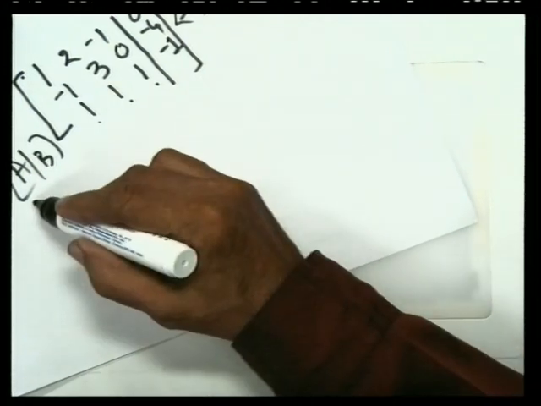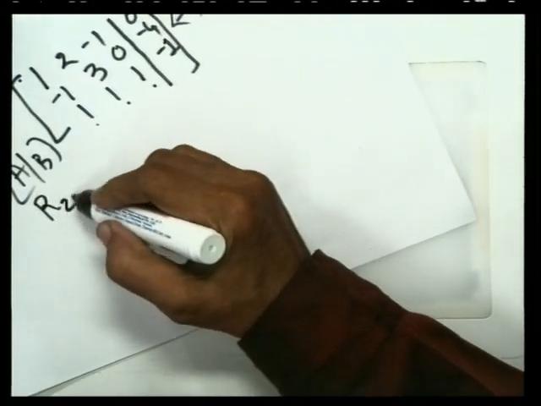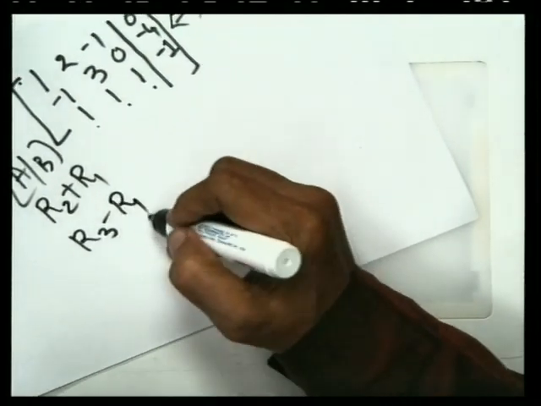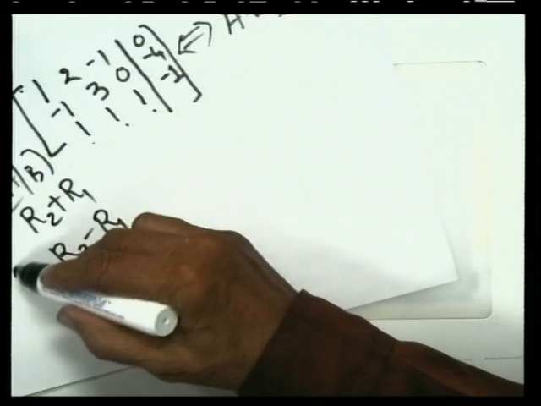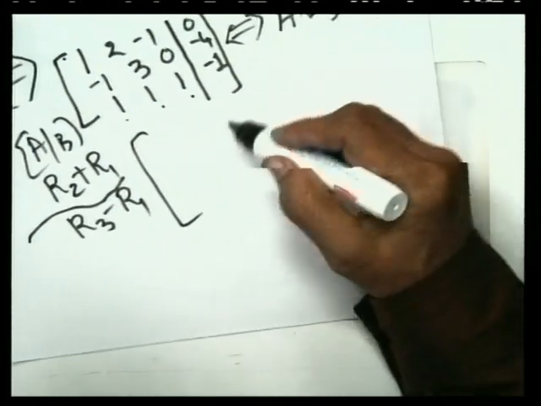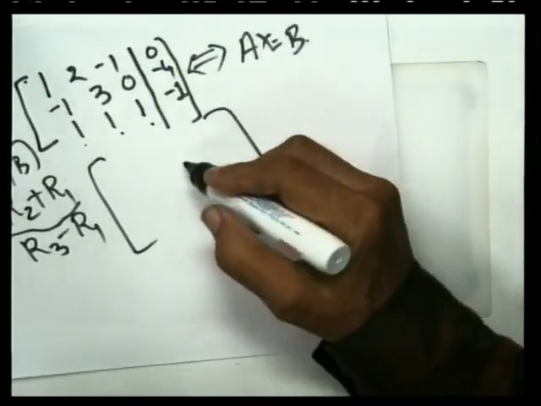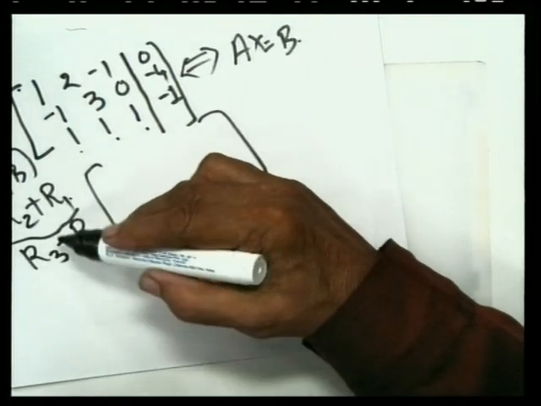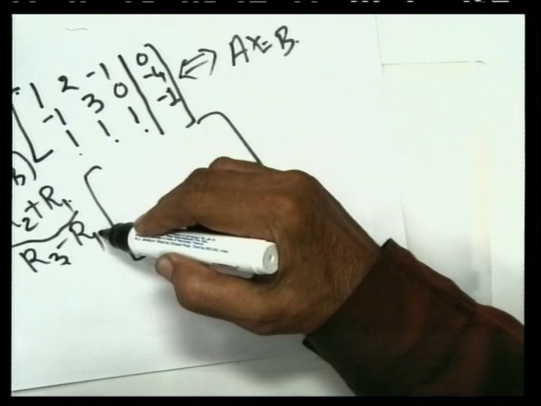First we take the operations R2 plus R1 and R3 minus R1. When you take these operations, in second row you are adding first row, and in the third row you are subtracting first row.